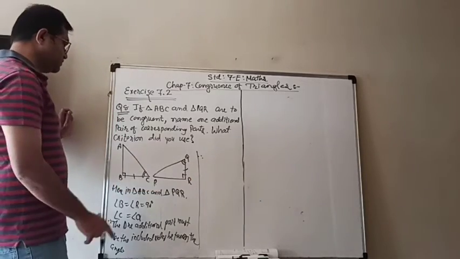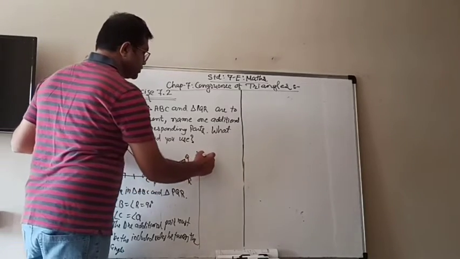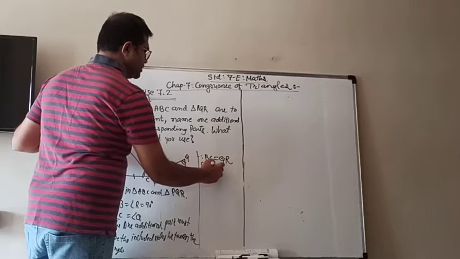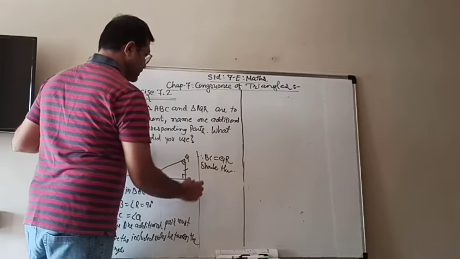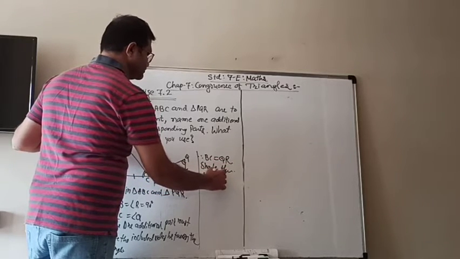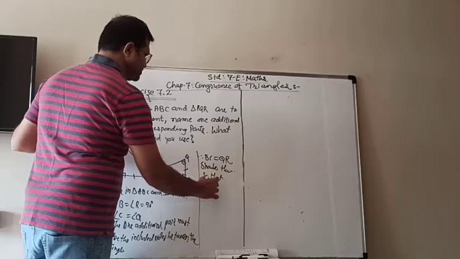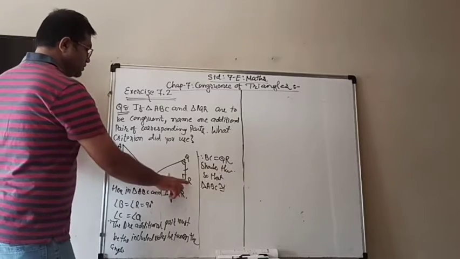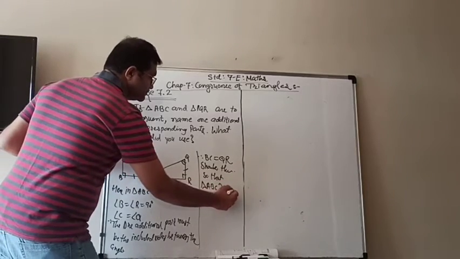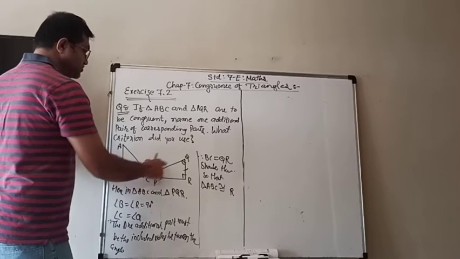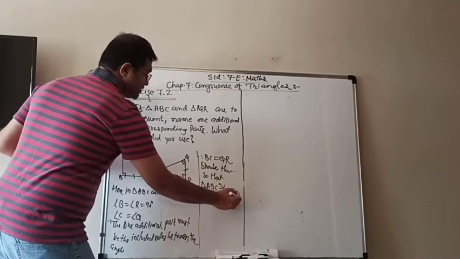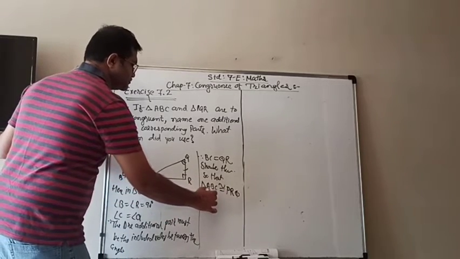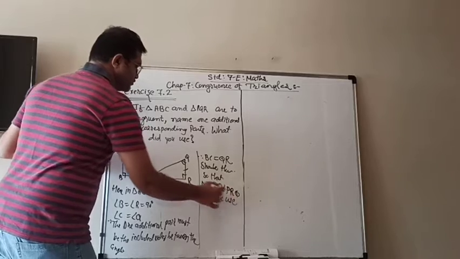Therefore, which is needed? BC is equal to QR should be there, so that triangle ABC can be congruent with, now B is with the right angle, so in the middle R will be there, C is with Q, so at last that will be Q, so first will be P. Here we use which?